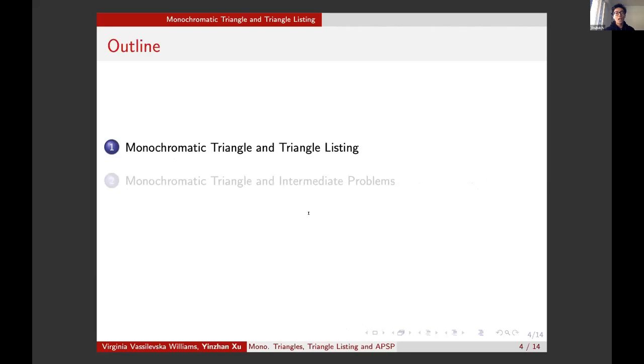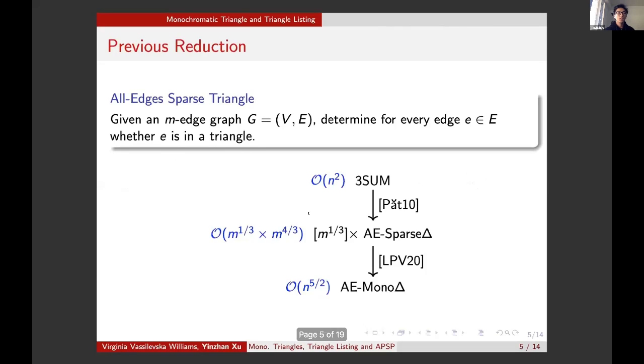Okay. So our paper roughly consists of 2 sets of results. Let me first tell you the relationship between monochromatic triangle and some triangle listing problems. Previously, the reduction from 3SUM to all-edges monochromatic triangle goes through an intermediate problem called all-edges sparse triangle.